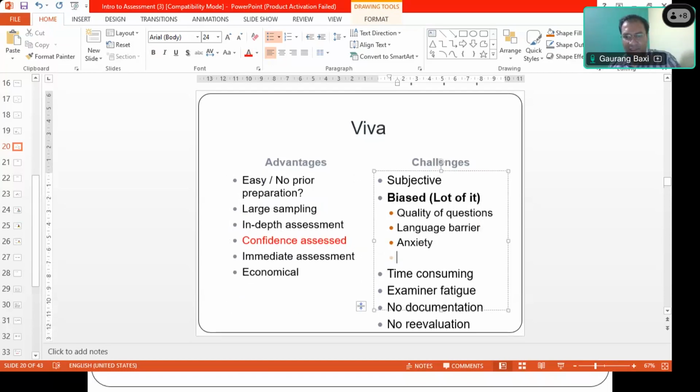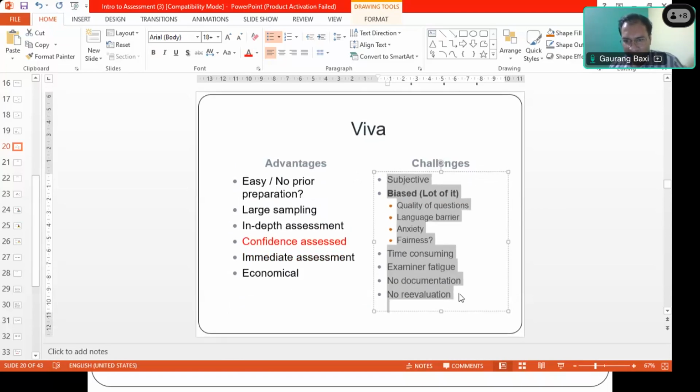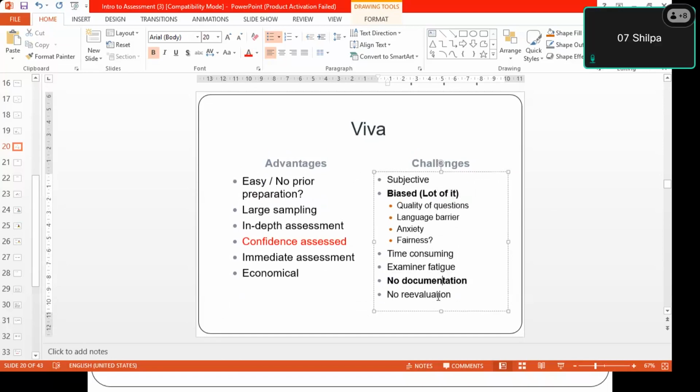But thinking from the student's perspective, there might always be concerns when it comes to the examination and the final scoring, because there is no documentation. So whether the examiner was fair or not, there is no way to prove whether the examination was fairly done. Feedback, sir. Feedback of the exam.